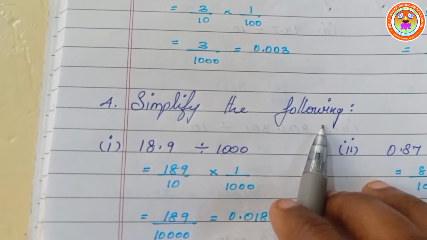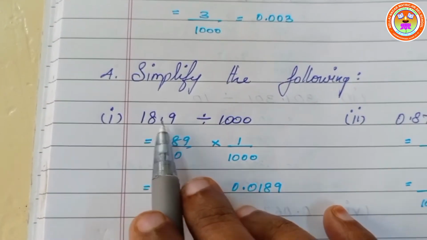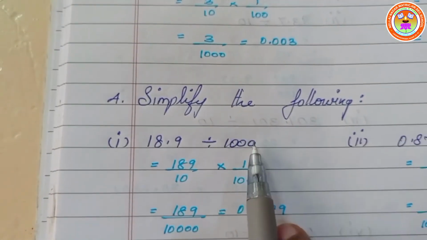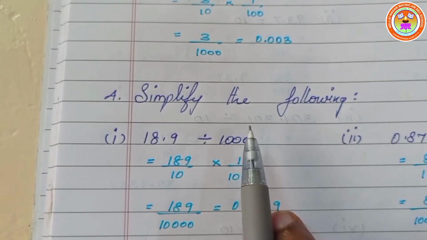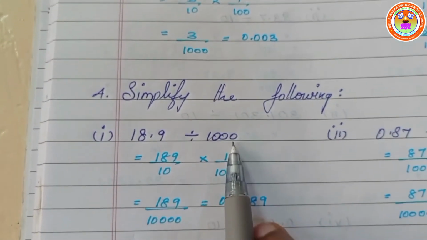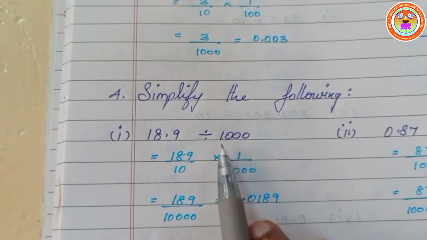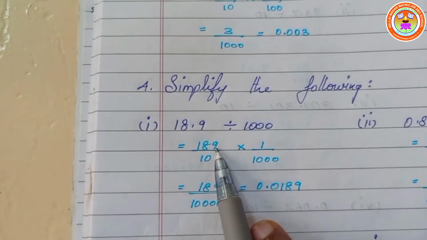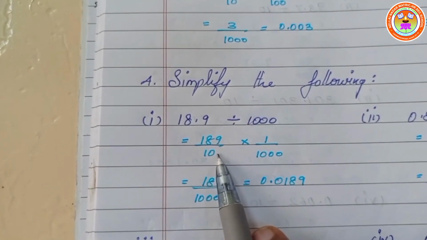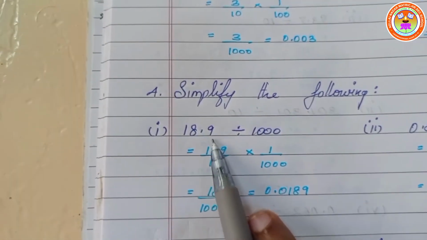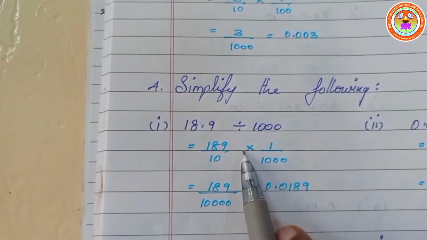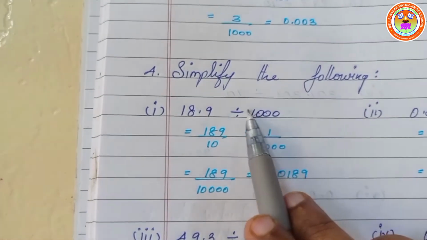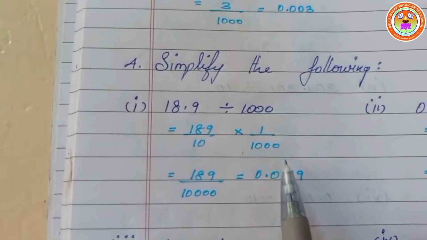Simplify the following. So first one you have 18.9 divided by 1000. Okay. So the second and the third sub we did 10 and 100. So here we are going to use 1000. So 18.9 is written as fraction 189 by 10 because of your one decimal place, so you are using 10, converting this division into multiplication and writing the reciprocal for 1000 is 1 by 1000.